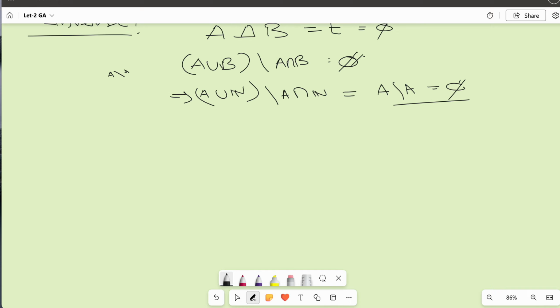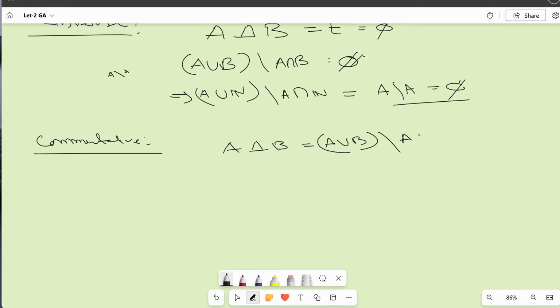So we have inverse and associative, and commutative, or abelian. A symmetric difference B is equal to A union B minus A intersection B, and B symmetric difference A is actually B union A minus B intersection A. They are precisely the same. There is no difference.